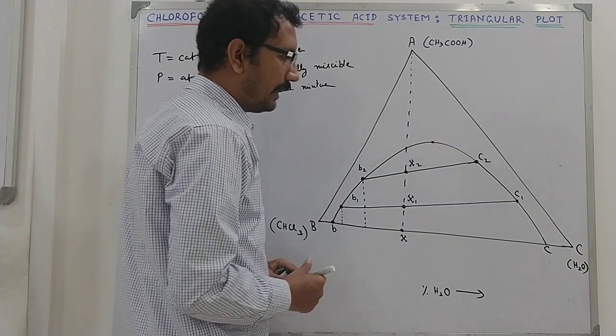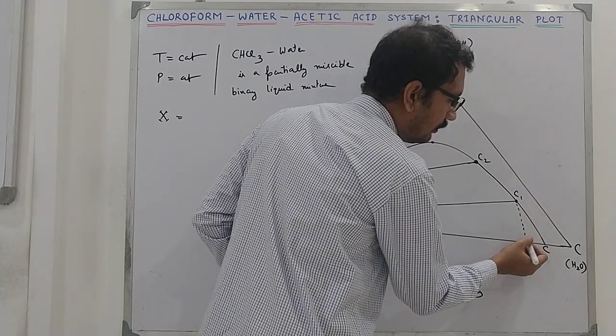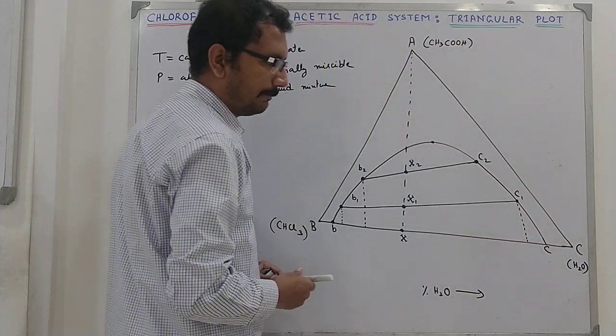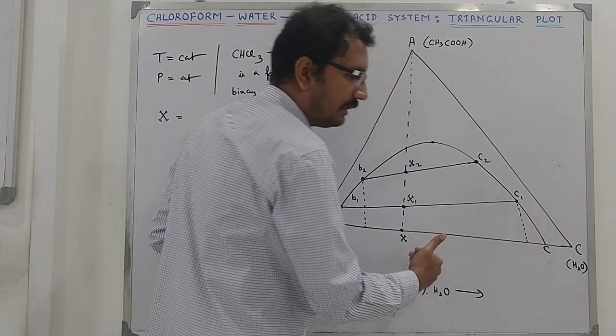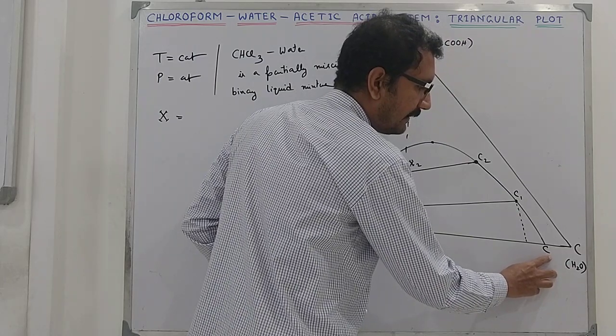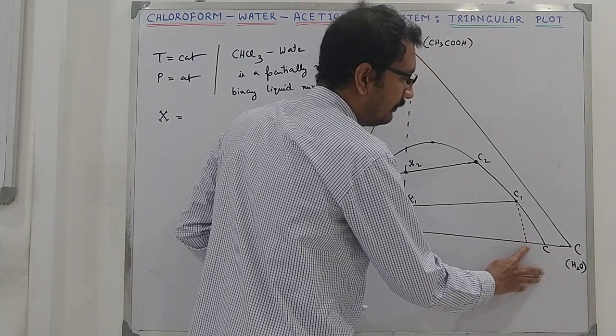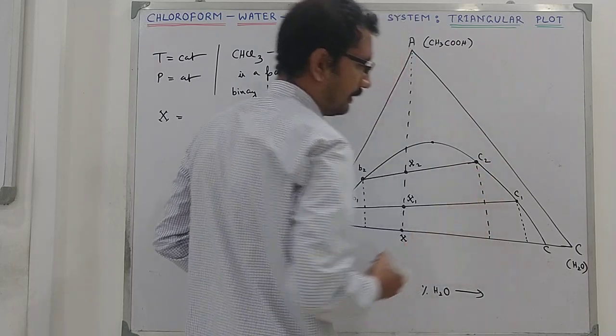Similarly, if you come to this side, this point shifts to the left. So in this direction, the percentage of chloroform is increasing. The percentage of chloroform is less here, here it is increasing, and here it is further increasing.